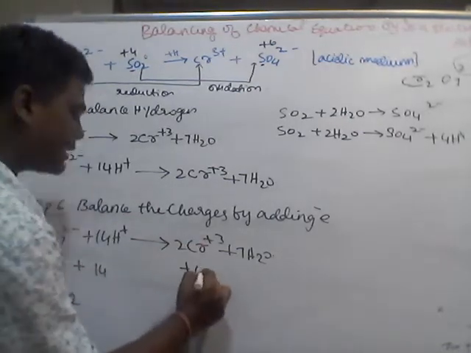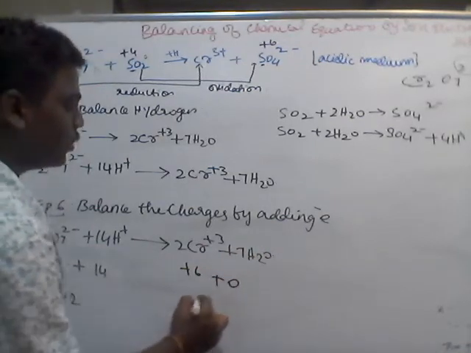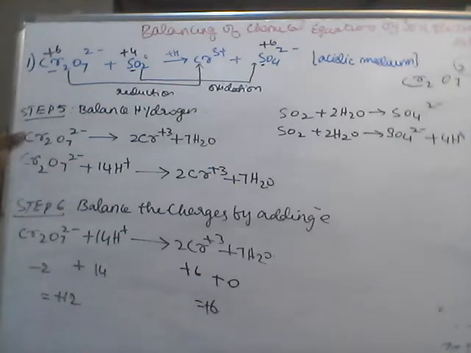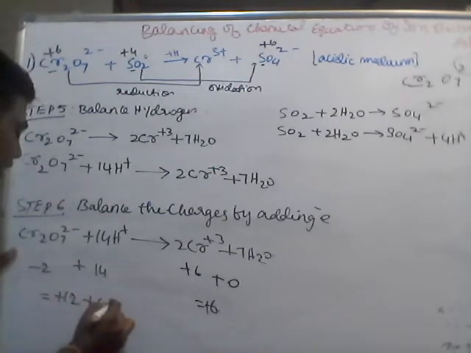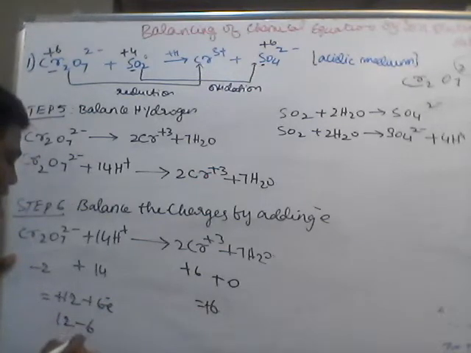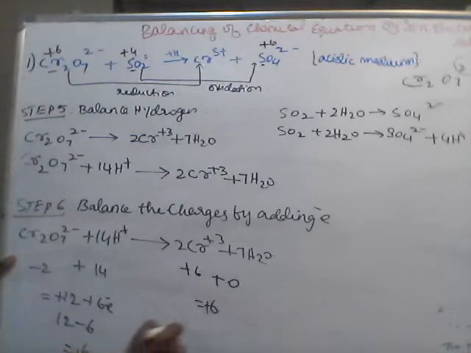Coming to this, 2 times 3 are plus 6, plus 0, means plus 6 is the charge here. Where should I add the electrons to make them balance? If I add 6 electrons, can I say it is becoming 12 minus 6, which is plus 6, and plus 6, plus 6 are balanced.